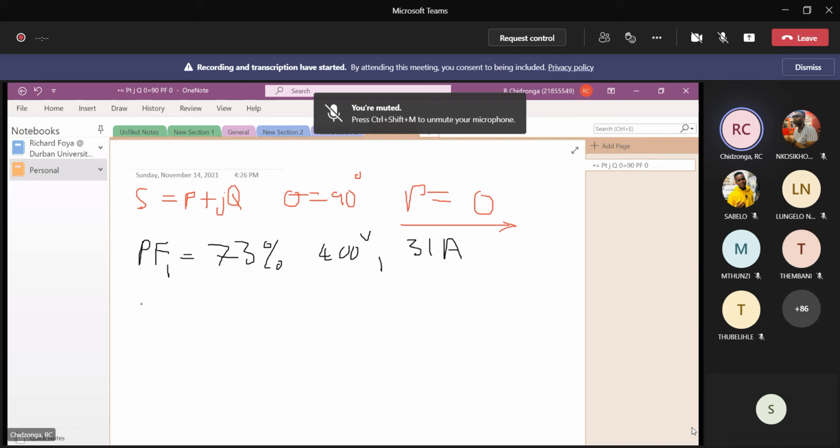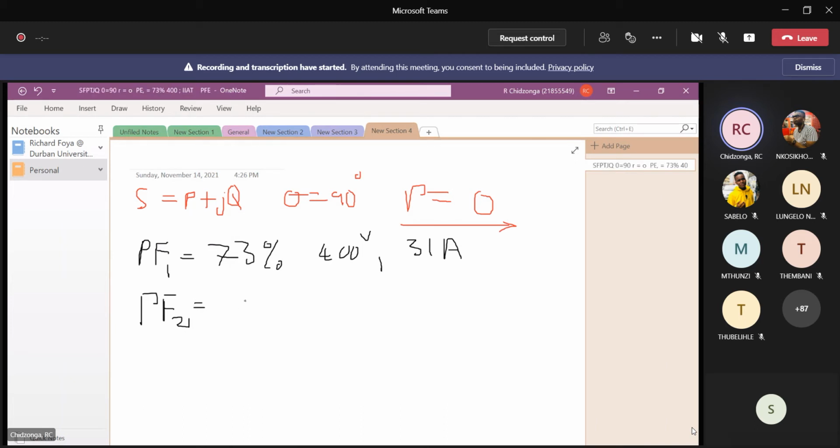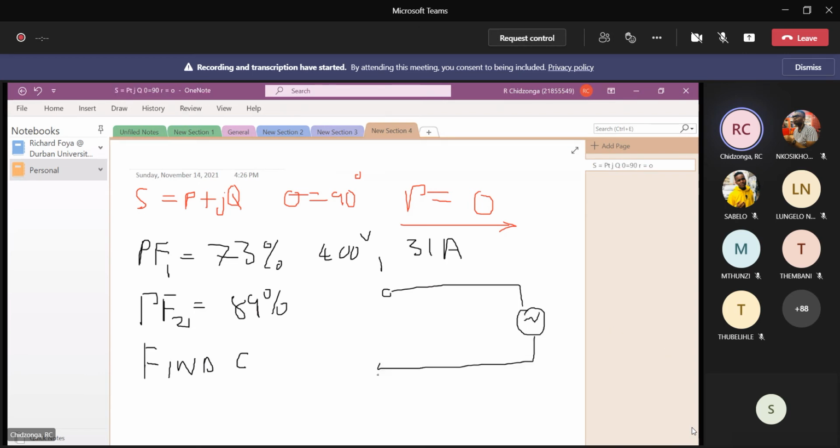But you need to improve this power factor to 89%. That is what we want to do. The question was to find C to be connected in parallel with the load such that you would end up with a system like this. This is your motor. And here you are going to connect your power factor correction capacitor. All right. And this is 400 volts.